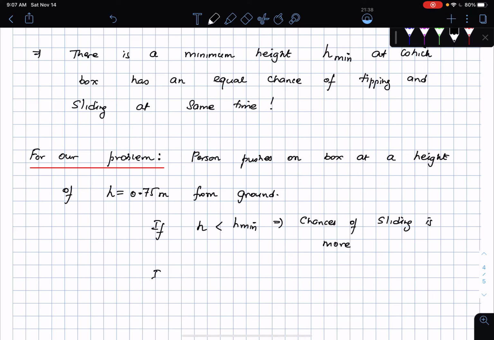If h is greater than h minimum, the chances of tipping are more.